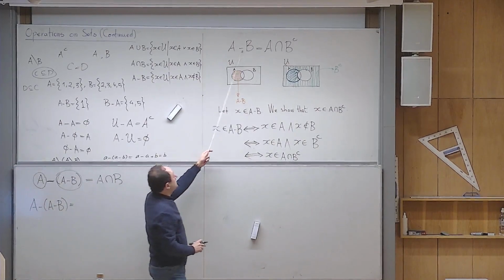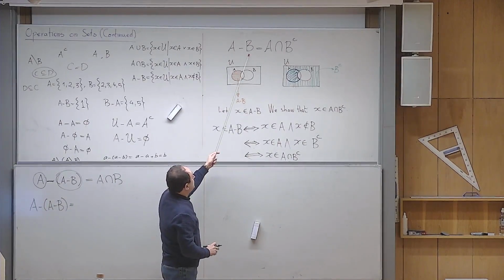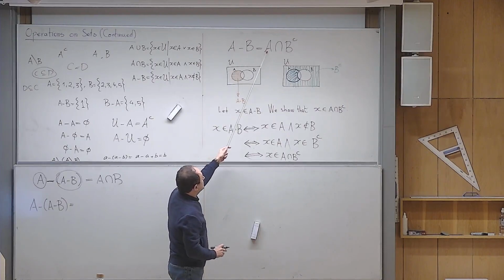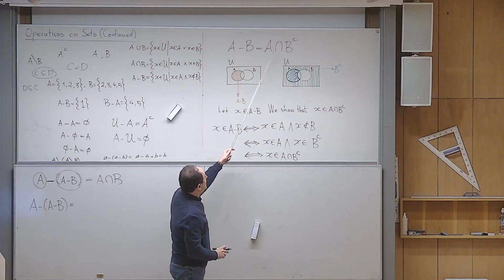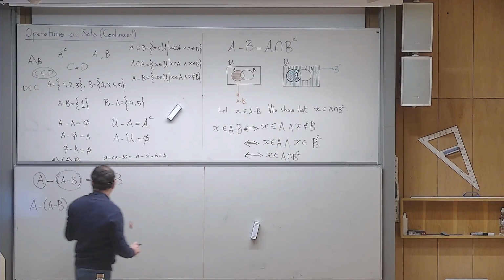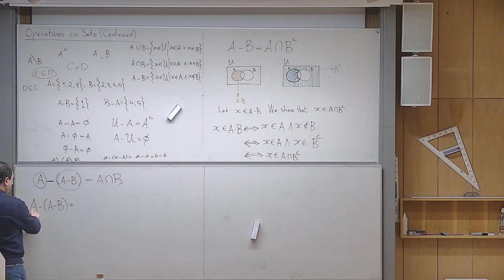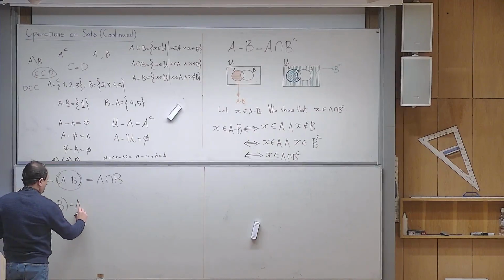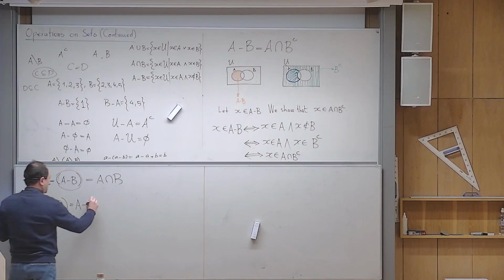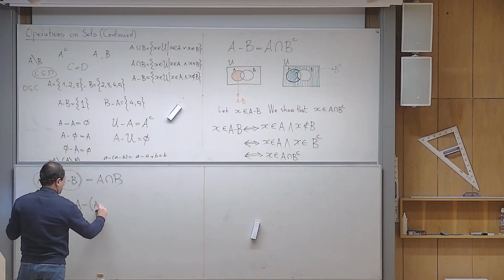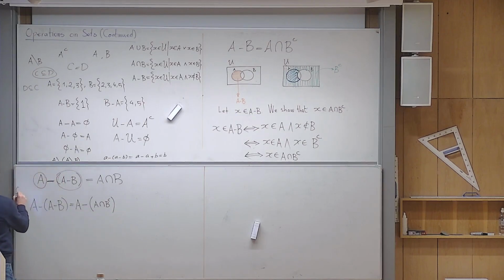For the difference of two sets, if I want to, I can repeat the first set, and I change difference to intersection, but I have to be careful to complement the second one. Okay, so if I start here, I copy and paste for the time being the A part minus, but instead of A minus B, what can I write? I can write A intersection B complement, yes? So let me write, this is optional.